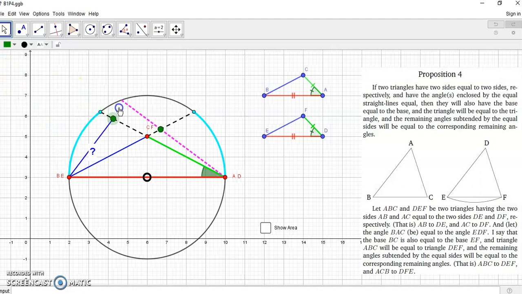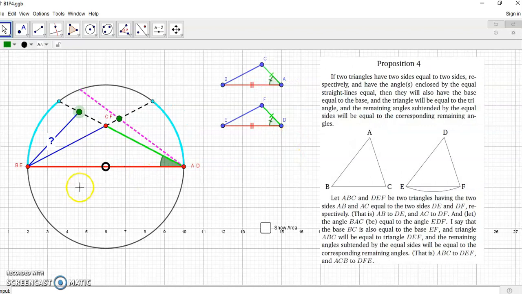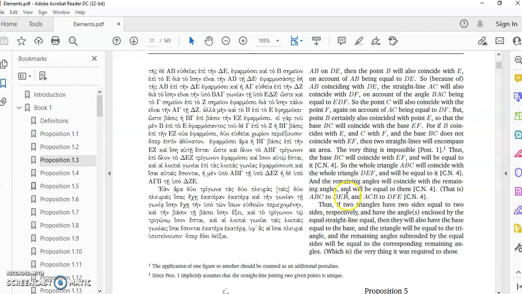And now this other line here, according to the proof that Euclid uses, he shows that if it's anywhere here or here, then there's an area between the two lines. And according to the definition here, he says, thus the base BC will coincide with EF and it will be equal to it. So the whole triangle will coincide.